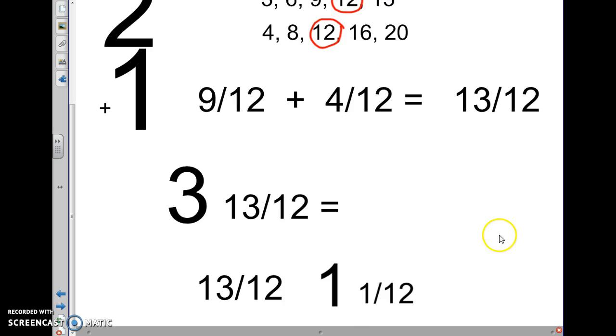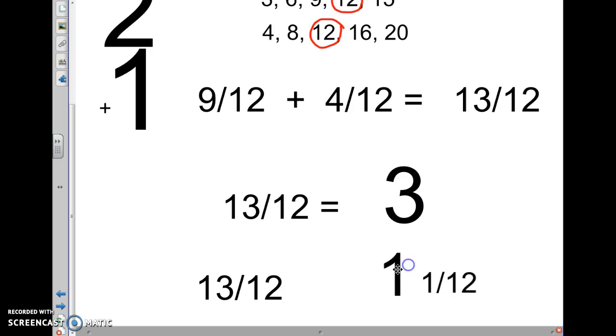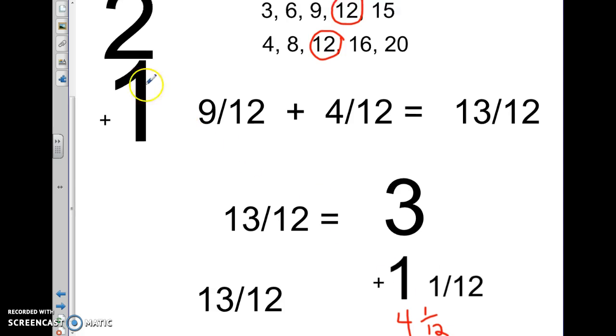Then all we're going to do is add the 3 and the 1 and 1/12, and that's going to give us 4 and 1/12.